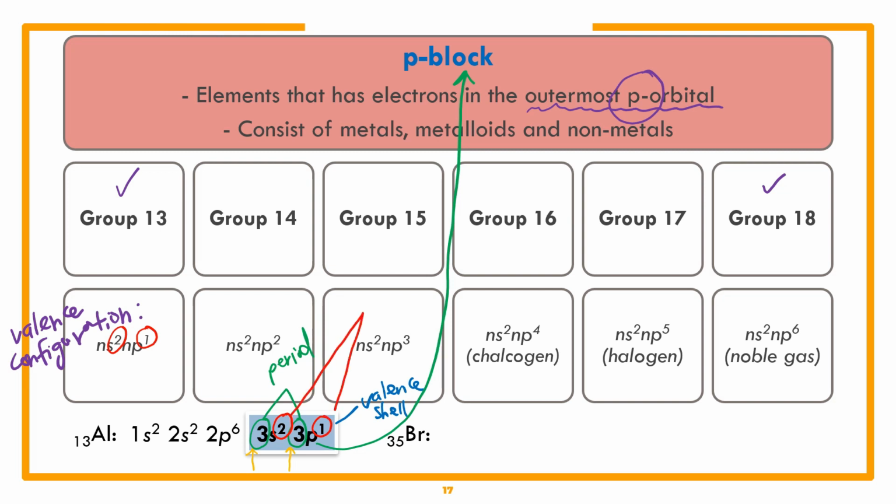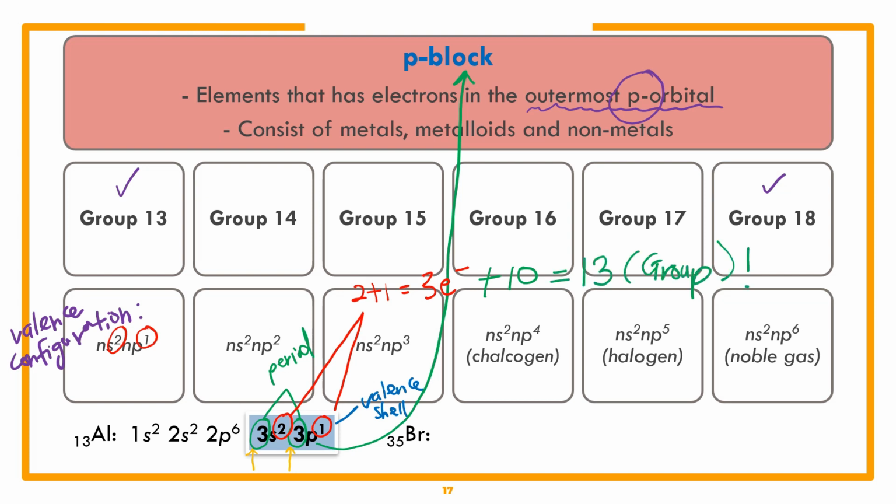So the total of these 2 is 2 plus 1 equals to 3 electrons. So it means aluminium will have 3 valence electrons. And how about the group? How to find the group for p block? In order to find the group for p block, we have to add 10. Okay, so 3 valence electrons plus 10, then you will get group 13.